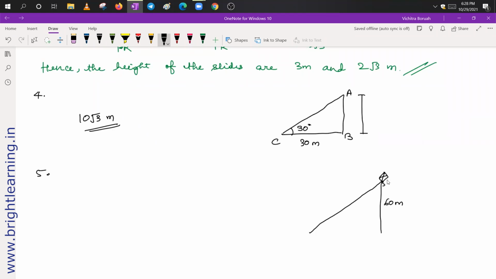This string is straight, and it is making an angle of 60 degree with the ground. Suppose this is point A, this is point B, and this is point C. Here we have to find the length of this string.